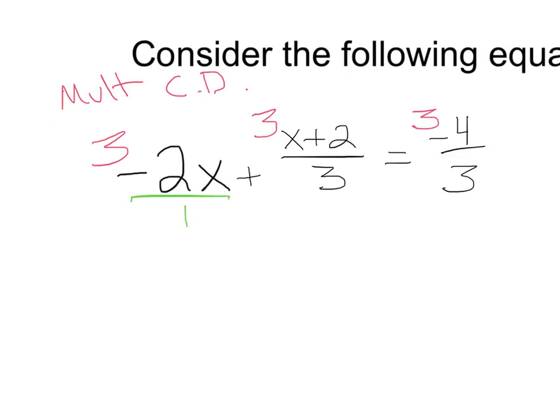And then if we do a little bit of reducing, 3 and the 1, nothing really happens there. It just stays 3. But in the second fraction, the 3 and the 3 reduce to 1. In other words, they cancel each other out. And then the same on this third fraction.